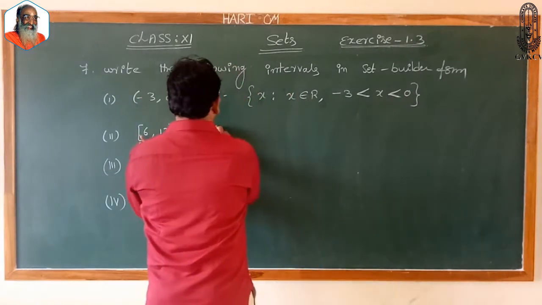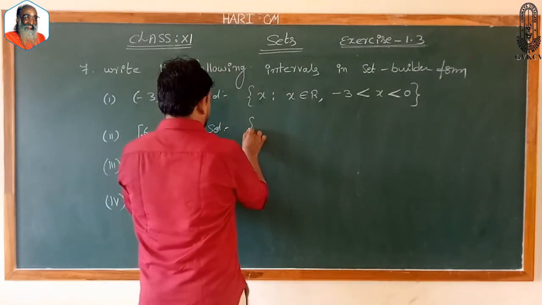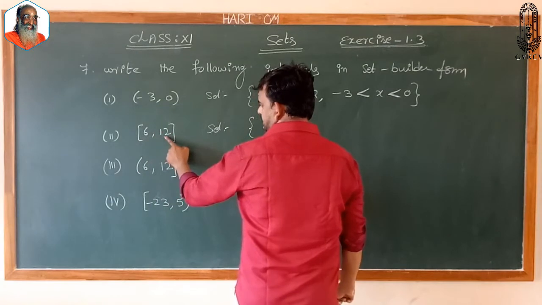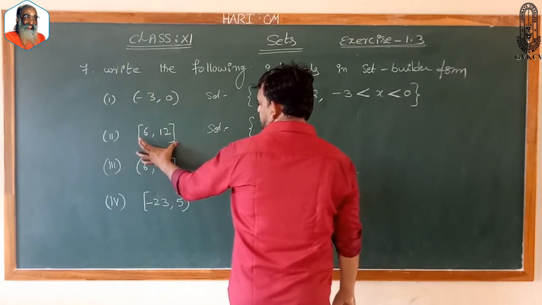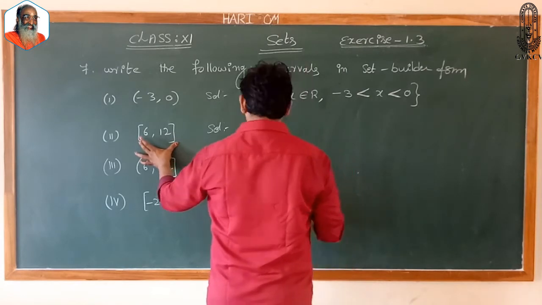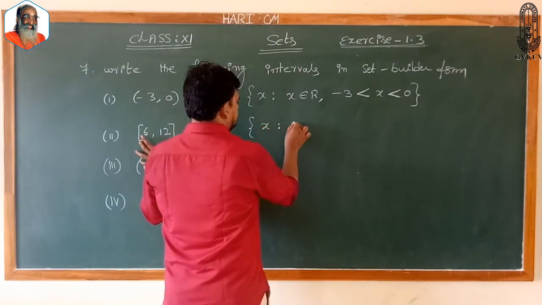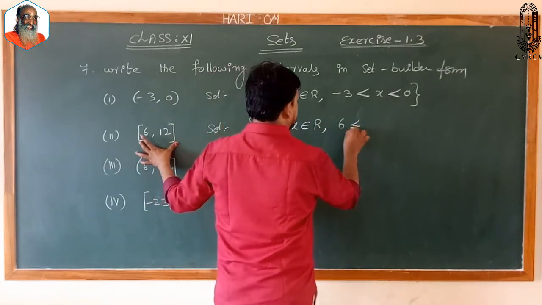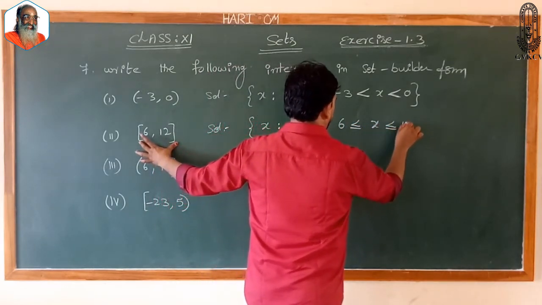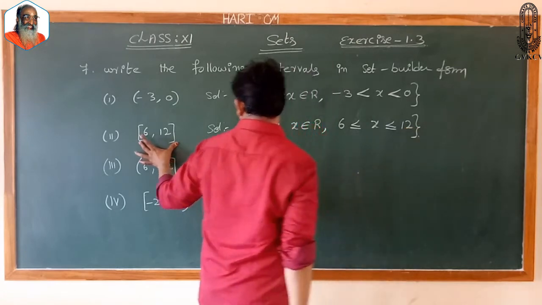Now the second one, closed interval 6 comma 12. Here what are the brackets? Square brackets. Square bracket means less than or equal to. So x such that x belongs to R, 6 less than or equal to x less than or equal to 12.